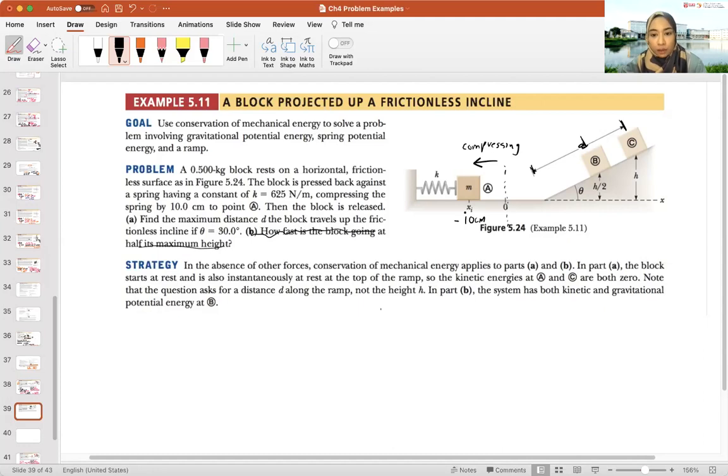Okay, so we have a block. We are compressing the block. Bila kita compress, kita tahu ada potential energy ataupun spring potential energy. When we compress, that is our initial energy. This is where our initial energy is. And we compress, then we release, akan ada kinetic energy from the potential energy.